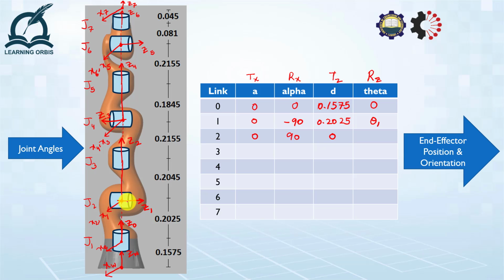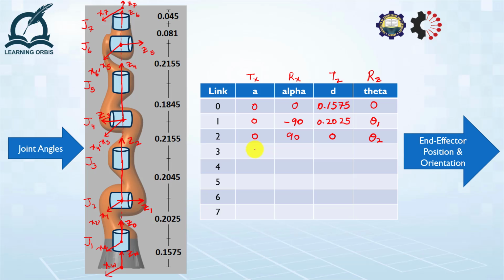Only joint 2 and everything after that will rotate. So frame 2, frame 3, and everything after that is going to rotate. x1 will still be pointing outwards, whereas x2 will start moving, so there will be some angle between x1 and x2.